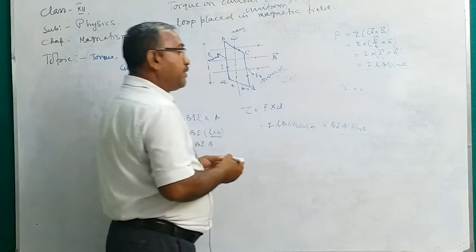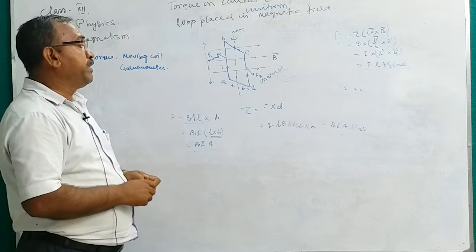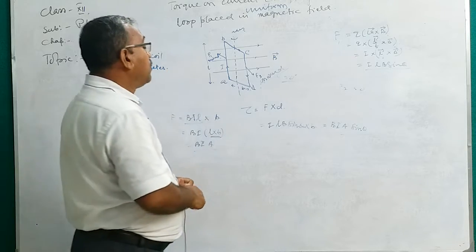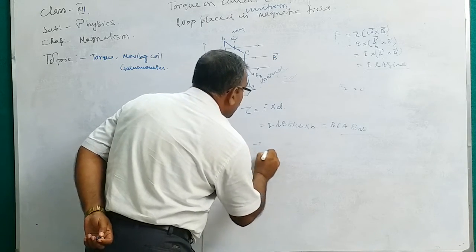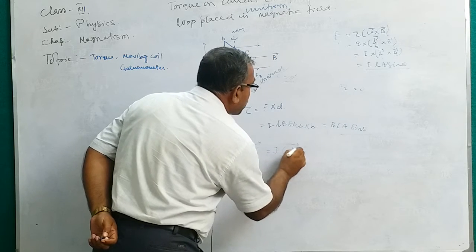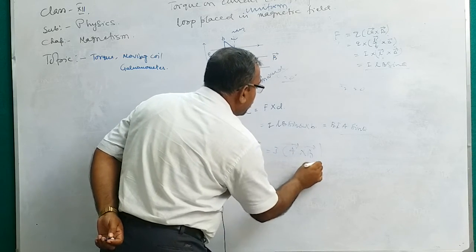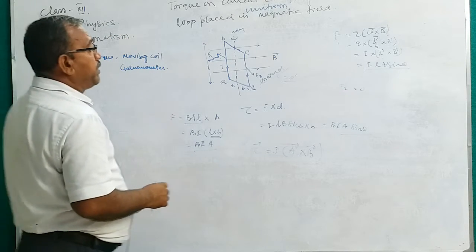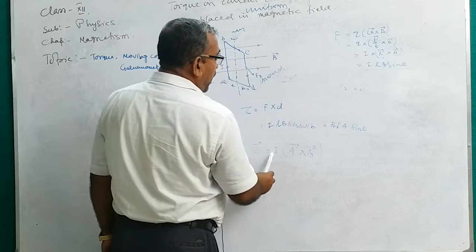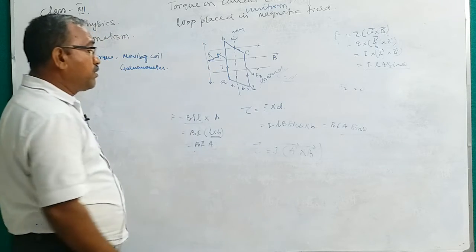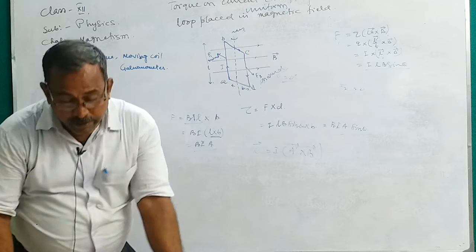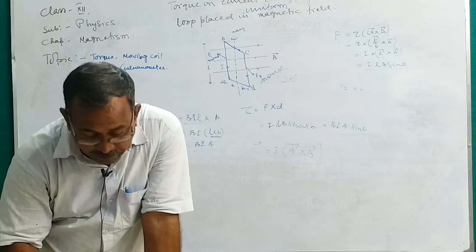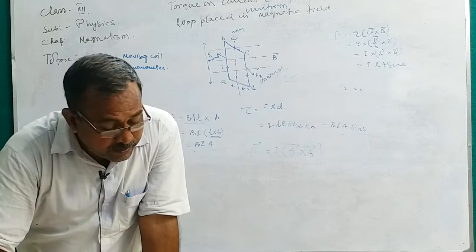Theta equals 90 degrees, so that value will be B into I into A. So we can write tau equals I into A cross B. Tau equals I into A cross B, okay, my dear student. This is the vector notation that you use for the torque.